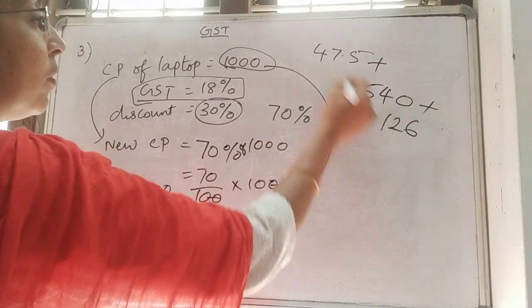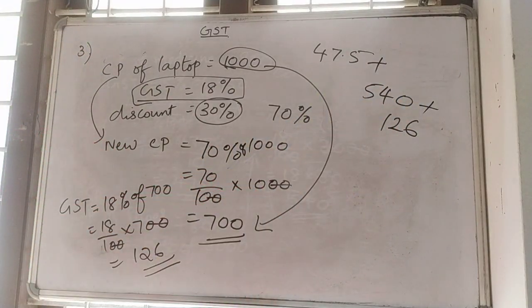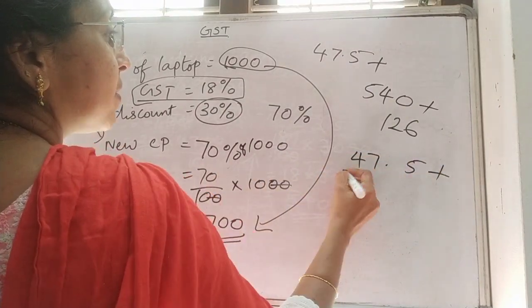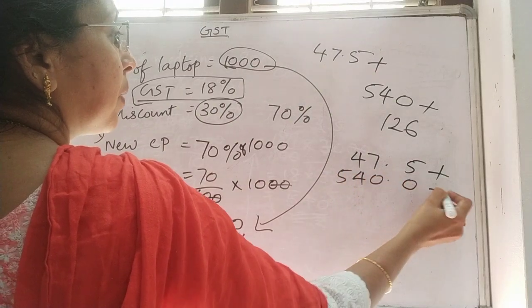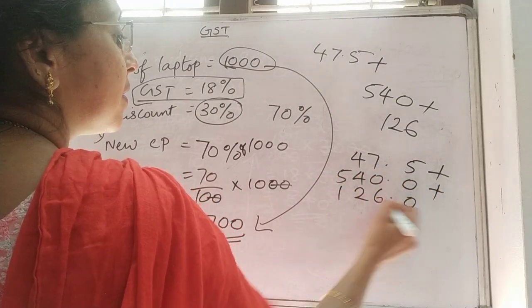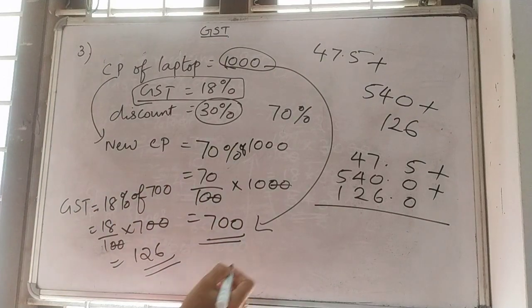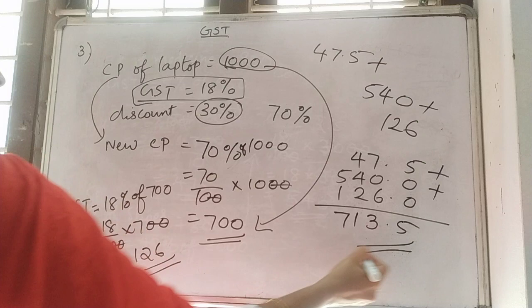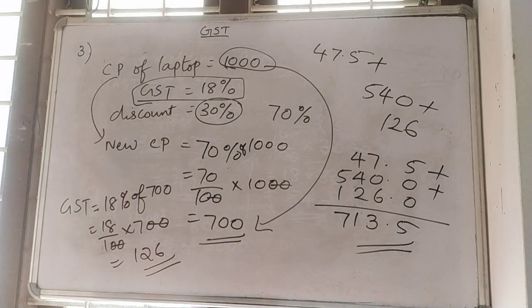So if we add these three values, that is 47.5 plus 540 plus 126, we will get the total amount of GST paid. That is 713.5. That is the total amount of GST paid.